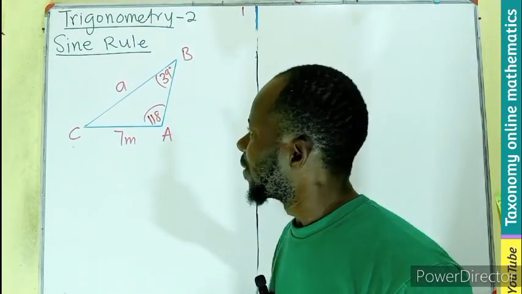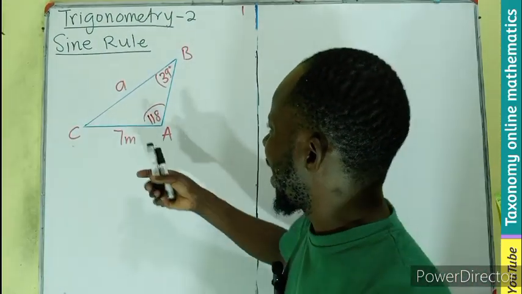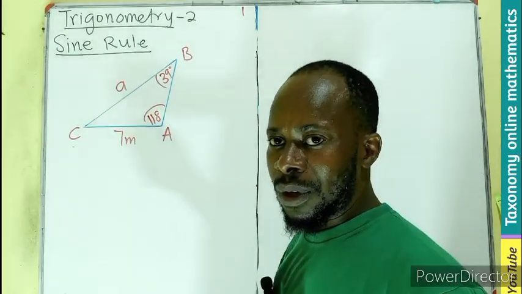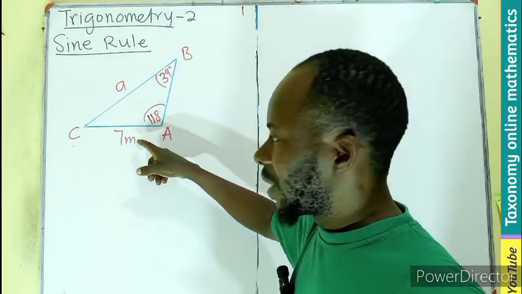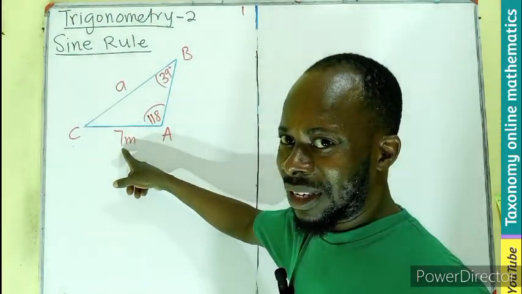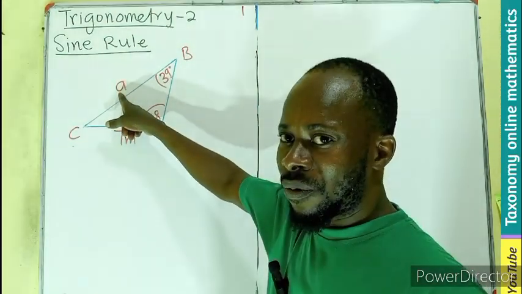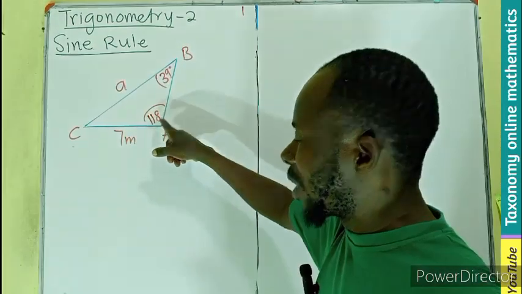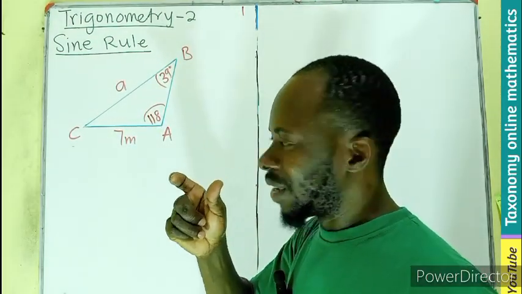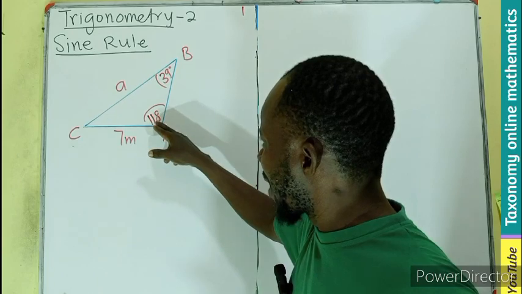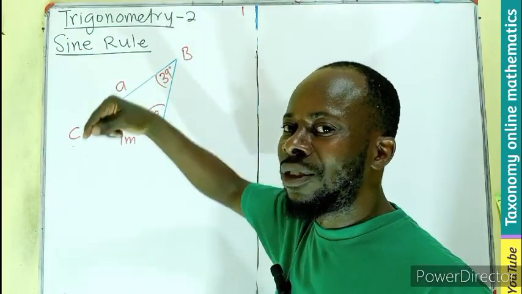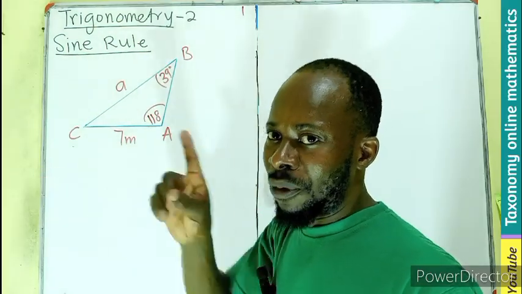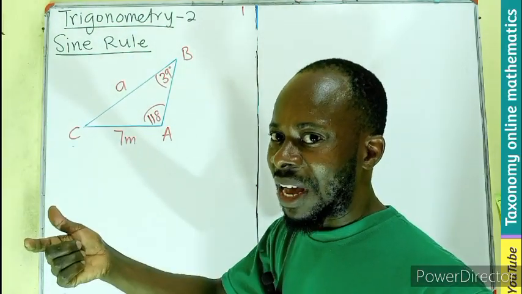We have to find the side labelled A. Look at it carefully. Two of the angles are given and one side is given. The side we are asked to find has a corresponding angle. If it is an angle we are asked to find, that angle will have a corresponding side given to us in terms of value before we can find the missing one.